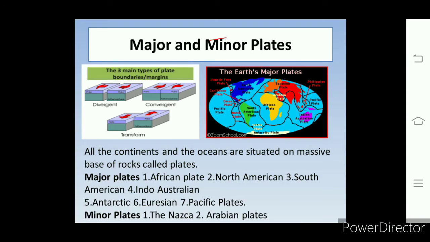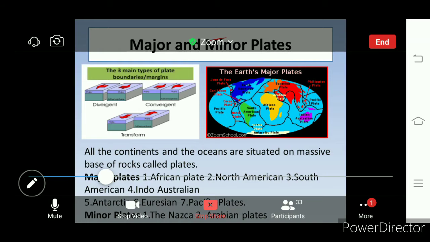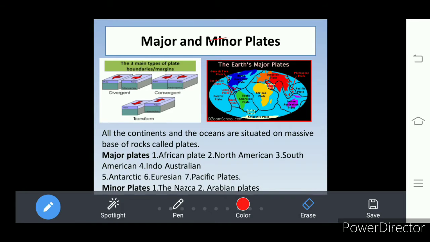We discussed in the previous class that Earth's interior consists of crust, mantle and core. Right? The first one is crust. Second one is mantle. Third one is core, in that, outer core and inner core. This is the point we discussed already.